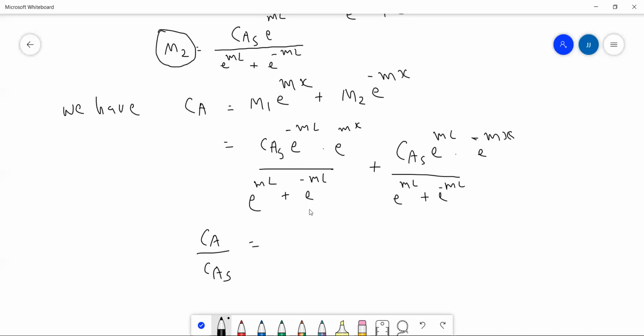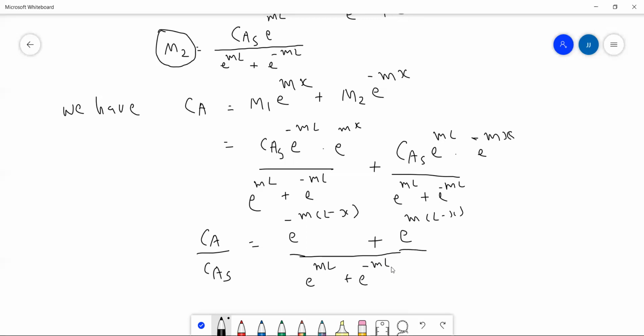So it becomes e raised to minus m into L minus x, plus e raised to m into L minus x, and the denominator is the same: e raised to ml plus e raised to minus ml.